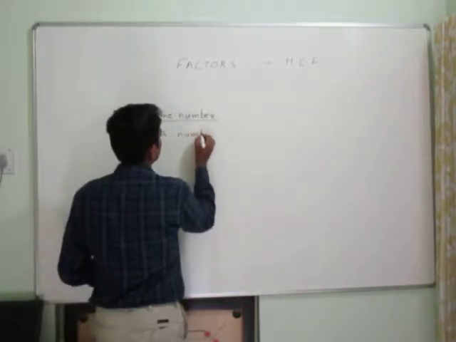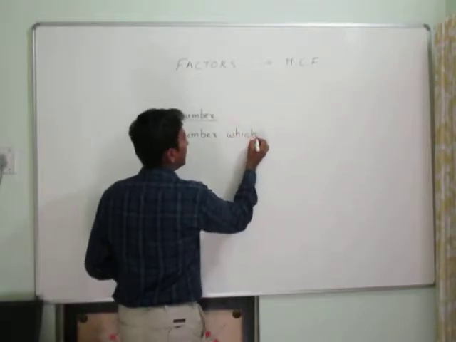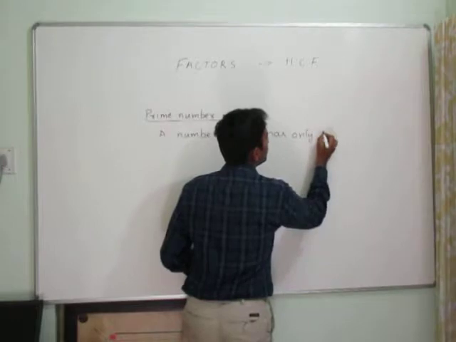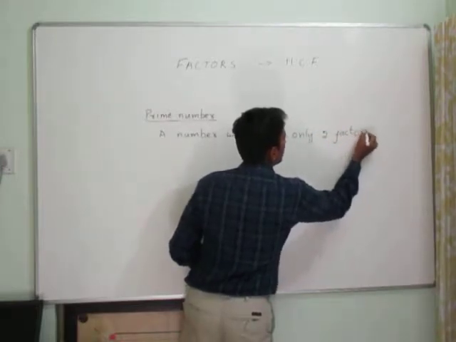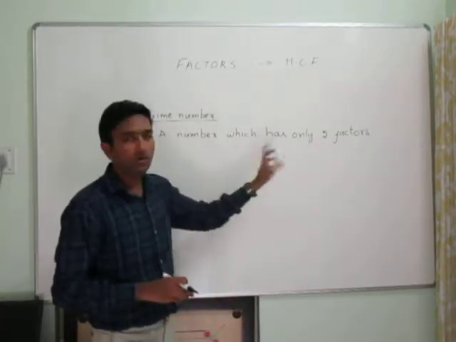A number which has only two factors. What is a prime number? Prime number equals a number which has only two factors.